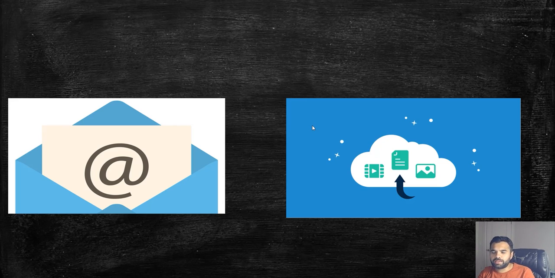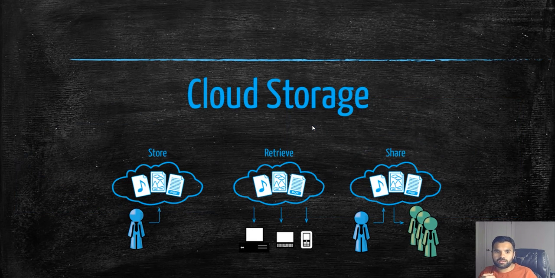So in today's world, we are mostly either using email to exchange files, or we are using cloud storage. And that cloud storage could be your Google Drive, your Dropbox, your Box, OneDrive, etc. And even the email that you're using is ultimately also using cloud storage.